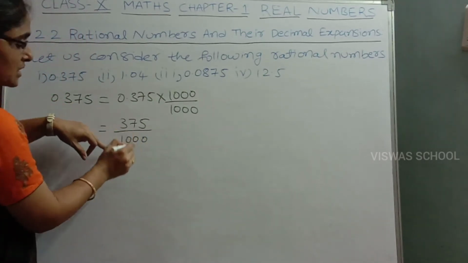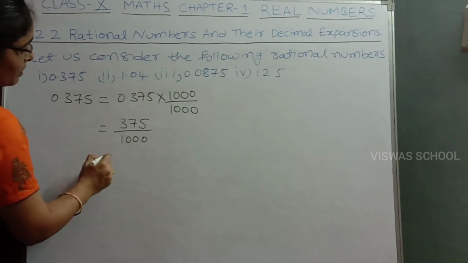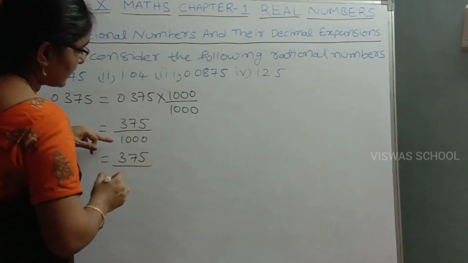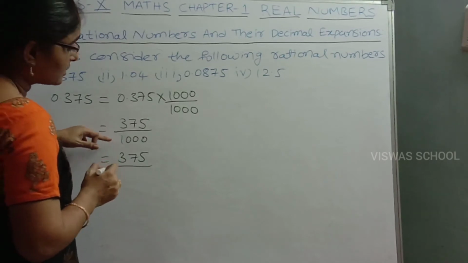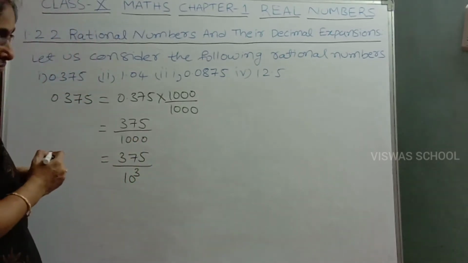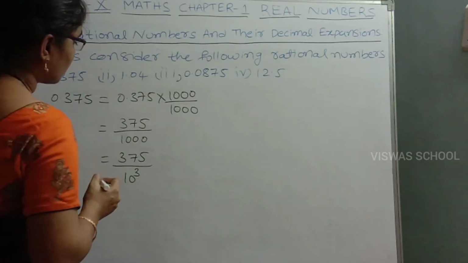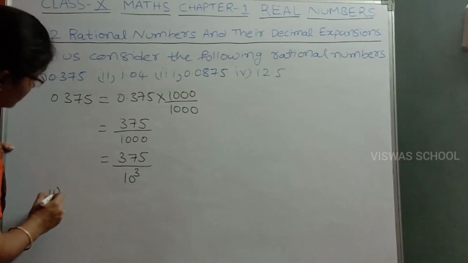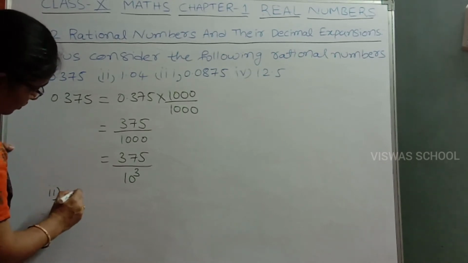How do you write this 1000 in powers of 10? That is 375 by, here 10 tens are 100, 100 tens are 1000. That is 10 to the power of 3. Second one is 1.04.